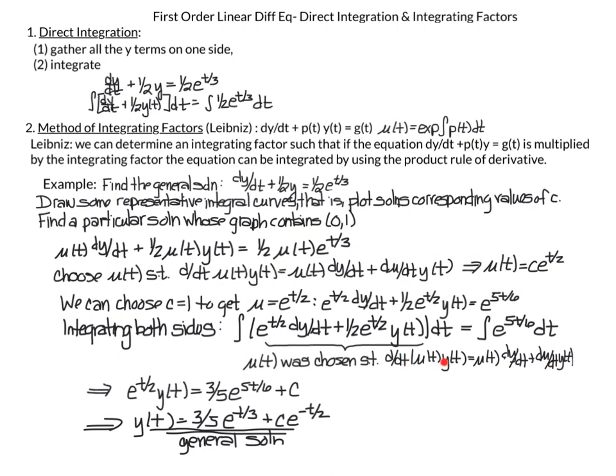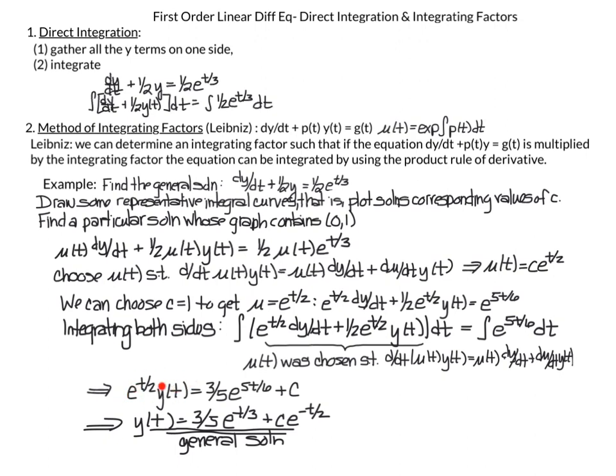And now again, what we want to remember is mu of t was chosen such that the derivative d/dt of mu of t y of t is equal to mu of t dy/dt plus d mu/dt y of t. So here I have my mu of t y of t. When we integrate this, it falls out to be our integrating factor times y of t.